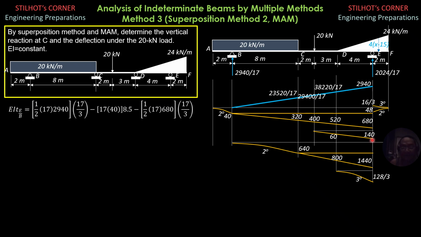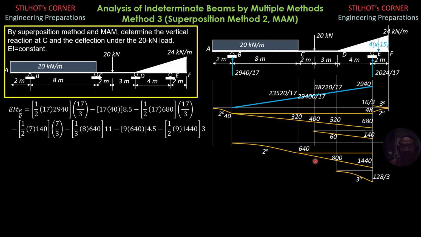For this area, 1 half of 7 times 140 times 7 over 3. Then minus 1 third of 8 times 640, so 2 plus 9 is 11. Then minus this one, 9 times 640.